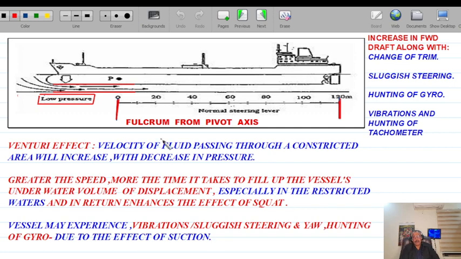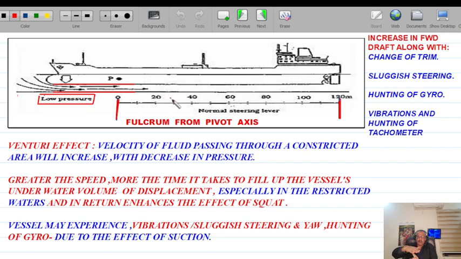And when I talk about the change of trim, if I take the underwater volume of displacement of this vessel, let's say she's tipping by bow. Let's say she was at even keel with respect to static draft, and the center of buoyancy was here. When she's tipped by bow, the center of buoyancy will change.